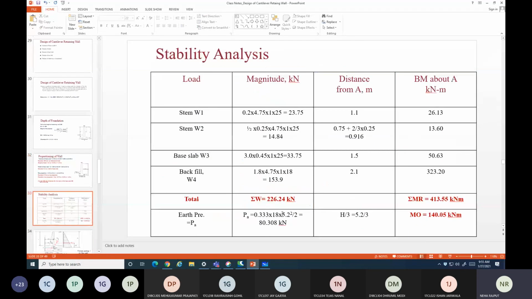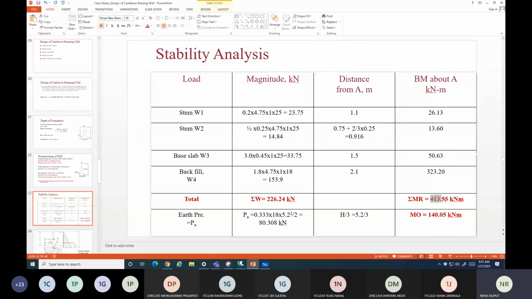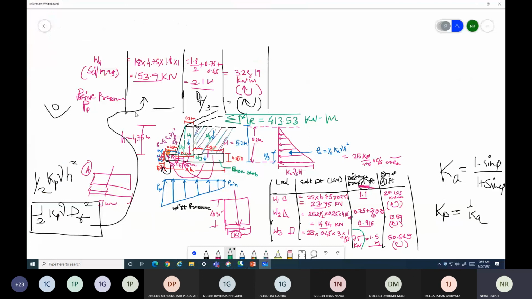Now here in this slide, the same value I am getting, 413.53, and this is the calculation that I have explained just now. और यहाँ पे आपका टोटल समेशन W भी करना है. Here you need to do the total resisting force.